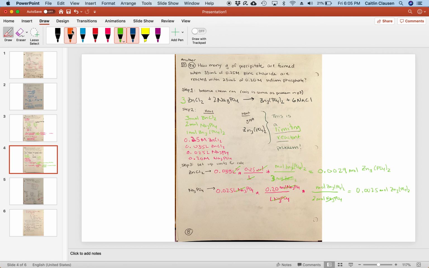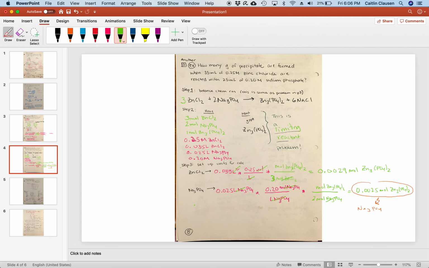If I compare the two, I find that the limiting reactant is this one. So that means it's sodium phosphate. So now I can calculate the grams just by converting that into grams.